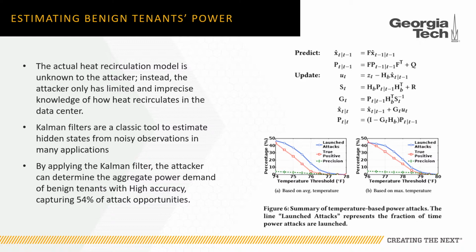He is able to capture 54% of attack opportunities, meaning the attacker will be able to be aware of 54% of those moments where the aggregate demand from the benign tenants is available for him to generate the attack.